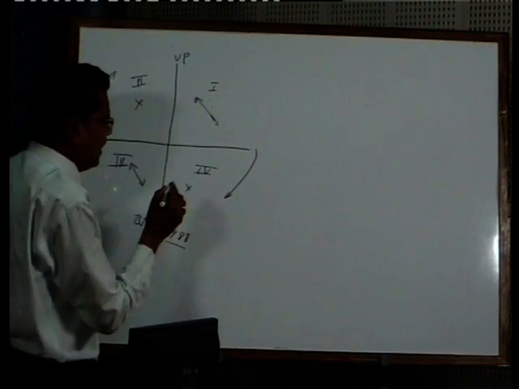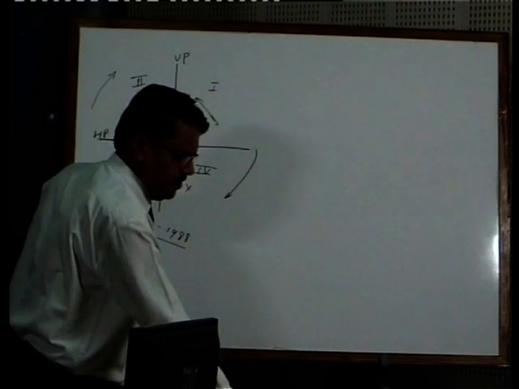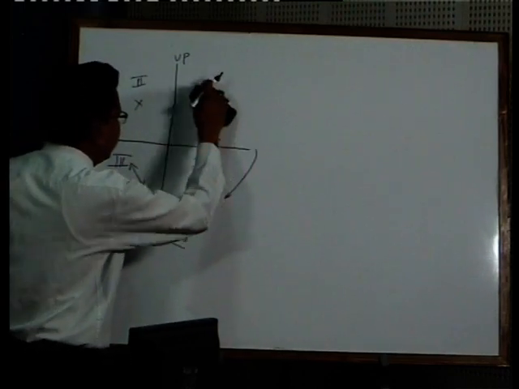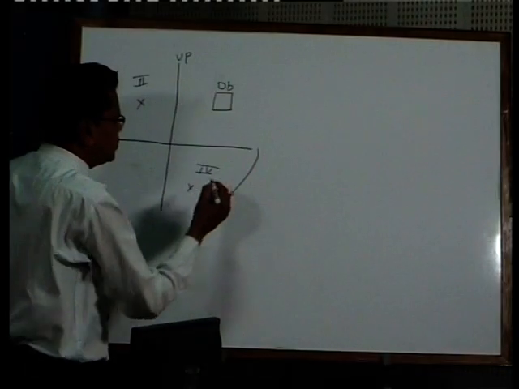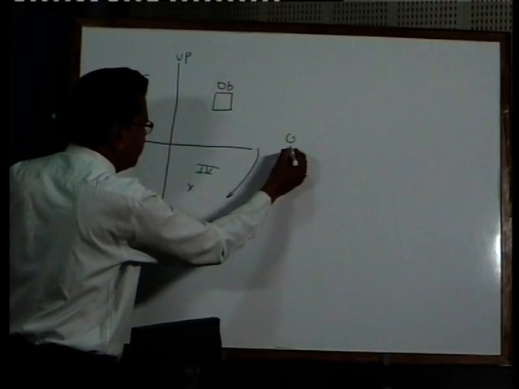Now, in the first angle method, just look here. If we keep an object here, and here is the position of the observer, which is a fixed position.